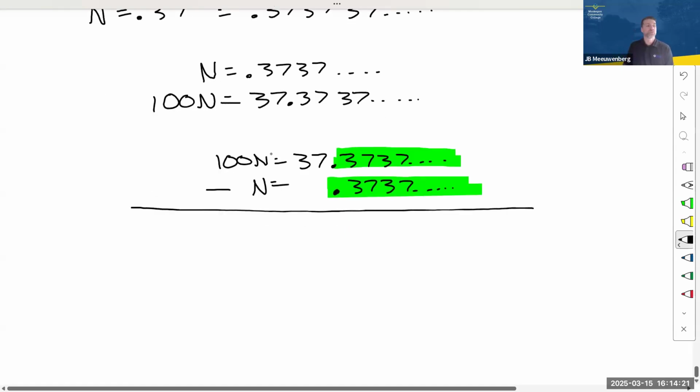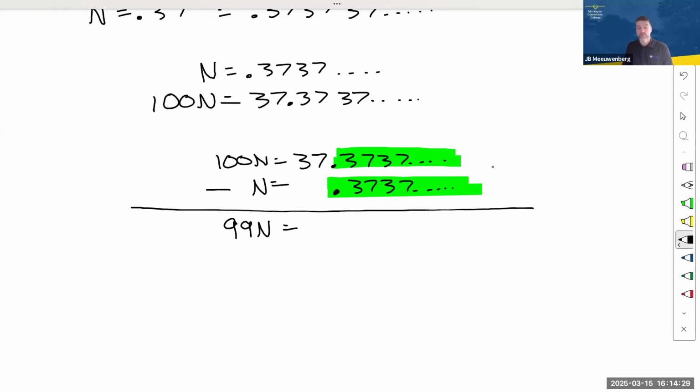When we subtract 100n minus n, we get 99n. When we take 37.37 repeating and subtract 0.37 repeating, what's left? Only the 37. This part gets subtracted from here and basically eliminates the 0.37 in the other number.